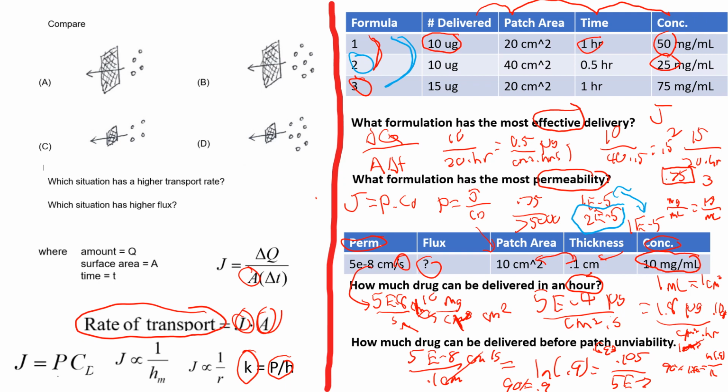Good thing I memorized it. And from here, we will simply get 0.105 divided by 5 times 10 to the negative 7th. And we get 210,000.